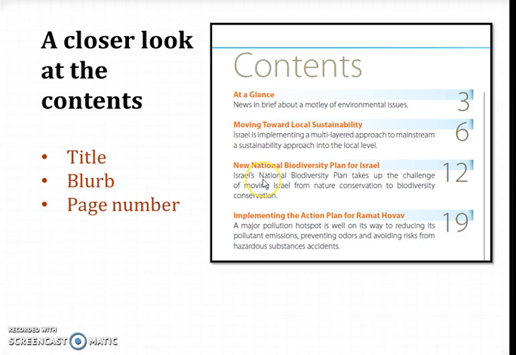And if we look a little bit closer at the contents, we see the title of the article, Moving Toward Local Sustainability, and then we have a short explanation or blurb about that article. So the title, the blurb, and of course the page number.